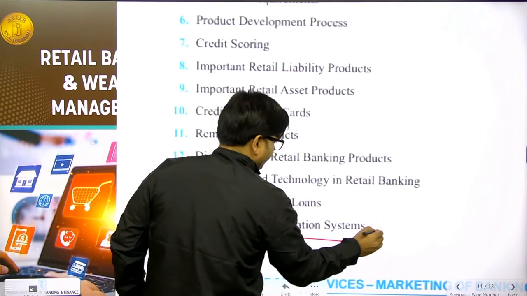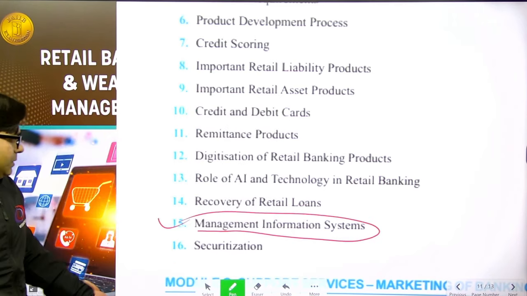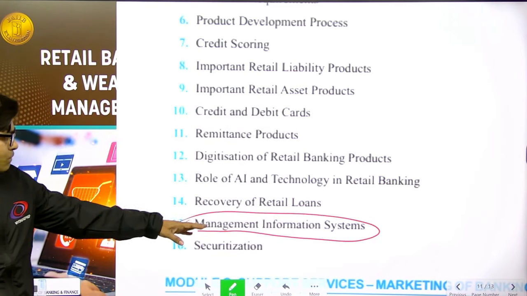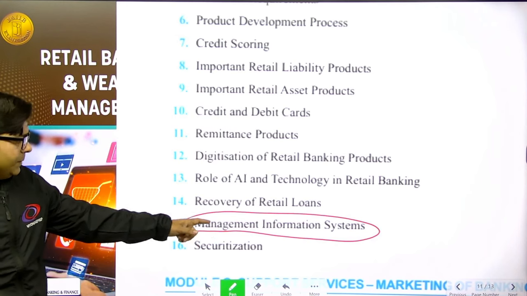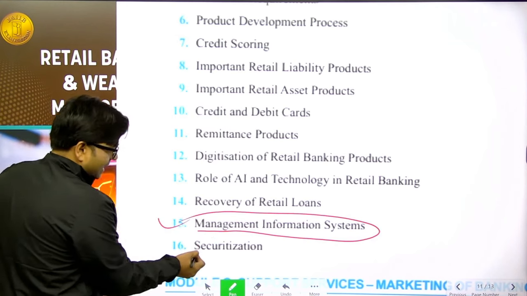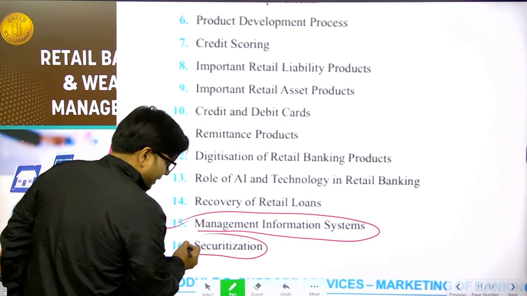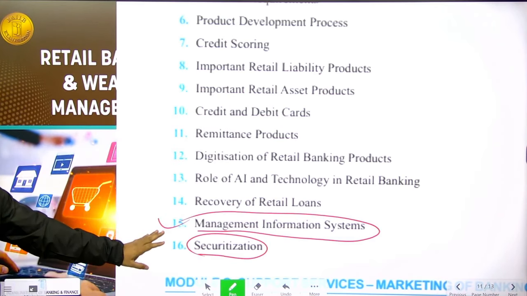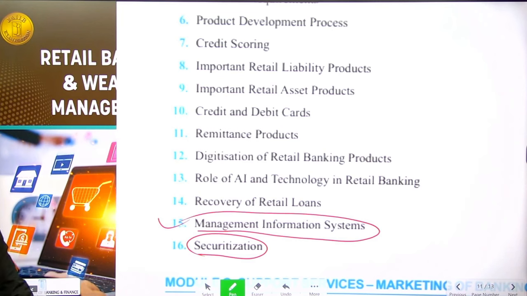I think this topic was from the book of AFB or PPB, one of the topics was there, I remember. Now securitization was there in retail banking, so it is as it is. No changes have been made.